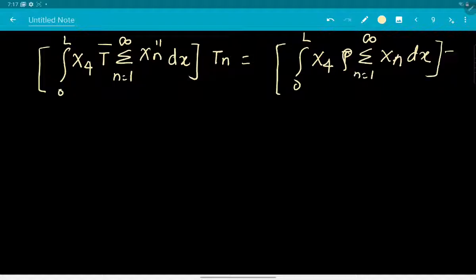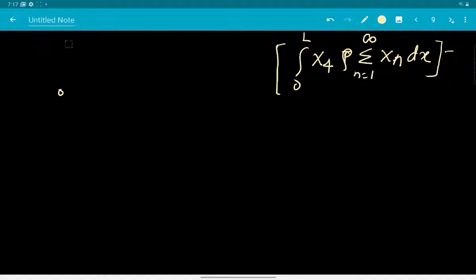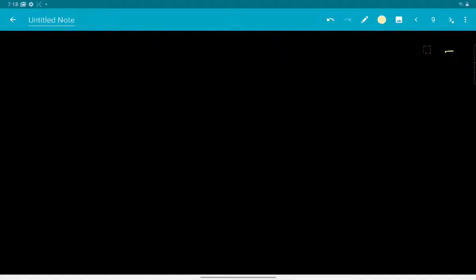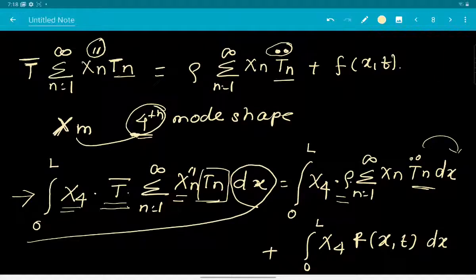Actually, the summation sign also needs to be respected, so we'll write it in this way. We'll put the summation sign outside: summation n ranging from 1 to infinity, integration from 0 to L of X4 T bar into Xn dx.